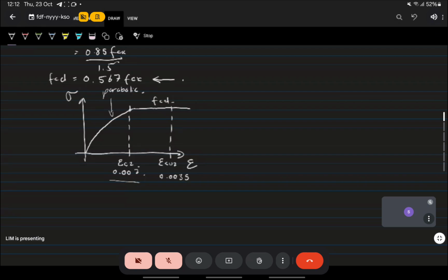Now, this only applies to concrete in compression, and for concrete grade less than or equal to C50/60. It's only applicable up to this concrete grade. So this is for design. These are basically the parameters that we are going to be working with.